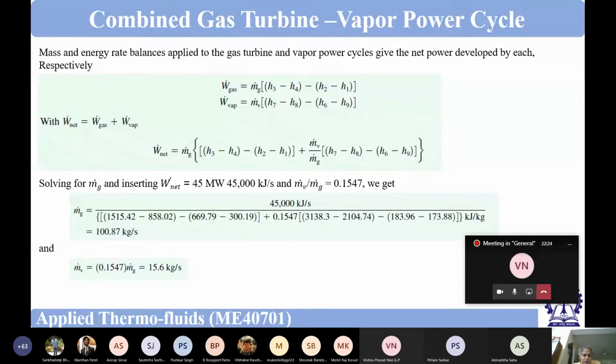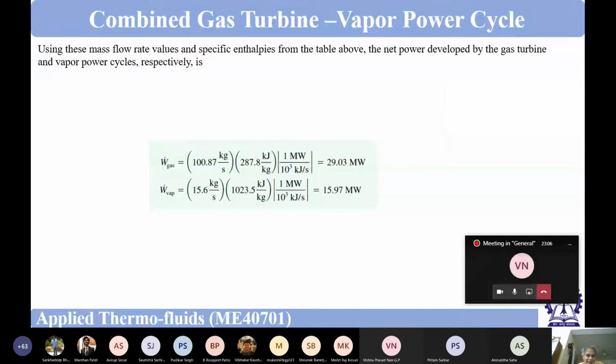So we get the mass flow rate of vapor and the mass flow rate of air, and we can see that the air mass flow rate is quite high compared to the vapor mass flow rate. We can separately calculate the power also, but one reason is that on the vapor side, though the mass flow rate is less, the specific enthalpy values are quite high compared to the gas.